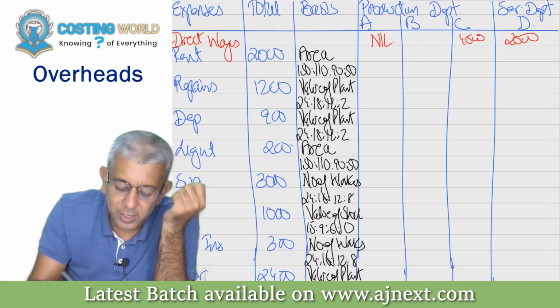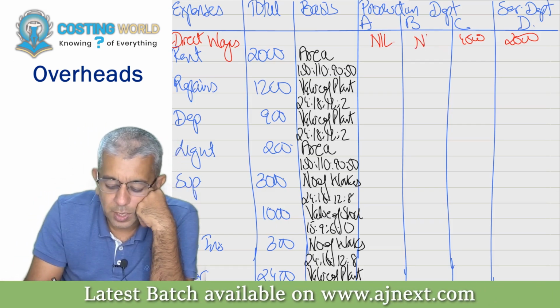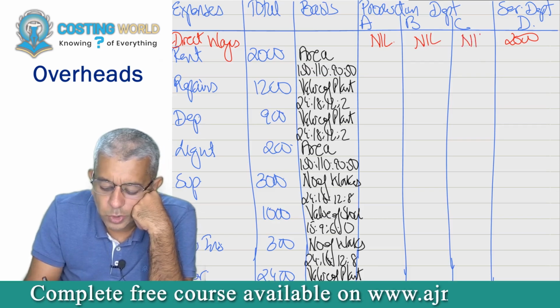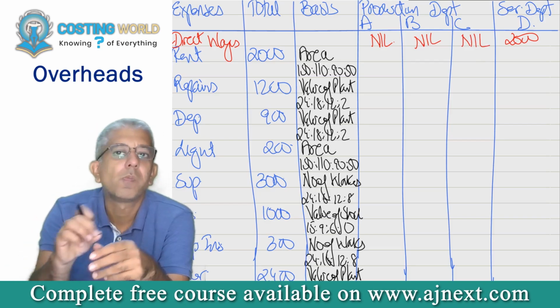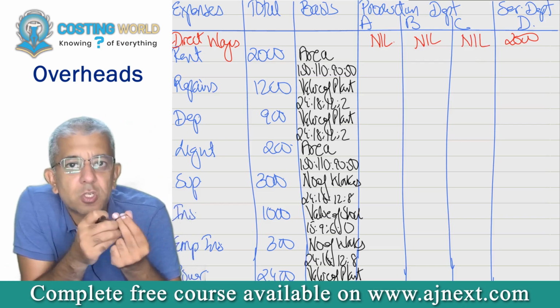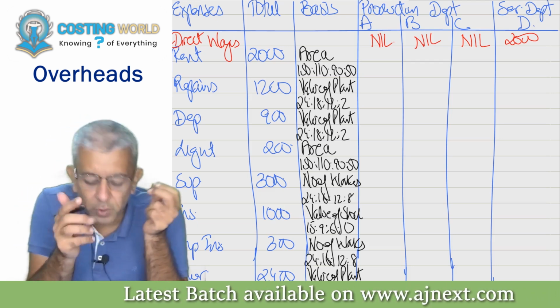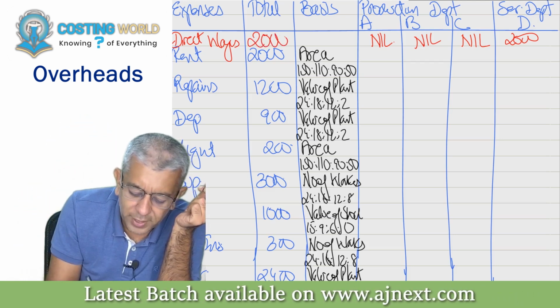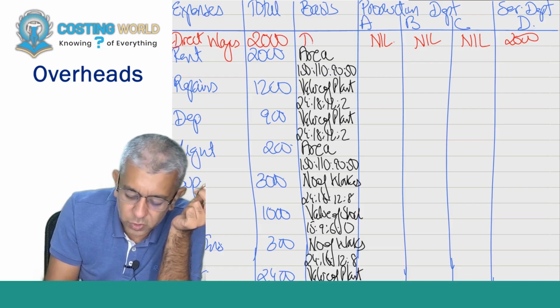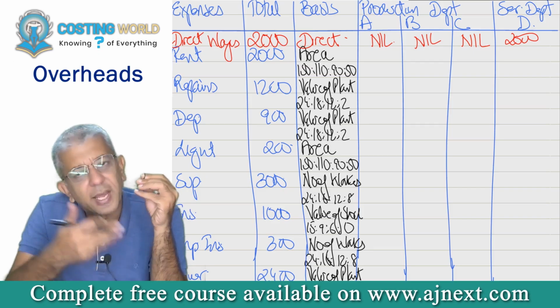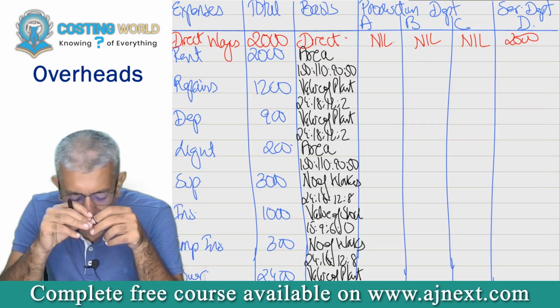For B, how much will it come? Nil. For C, how much will it come? Nil. So I should be writing nil for D also? No, every cost of service departments is always overheads for the company. Yes. You write down on the first line, I am assuming it to be direct wages, right now. Direct wages 2,000, and basis you write down direct, meaning directly going to the department.